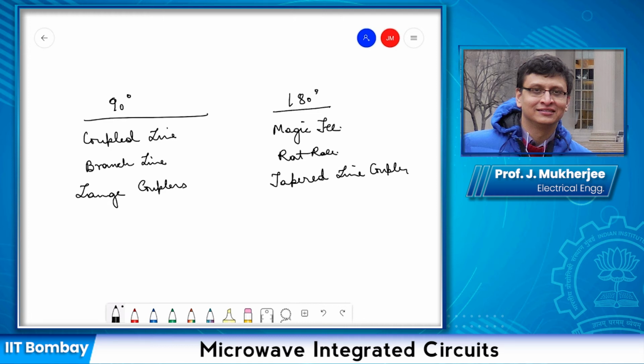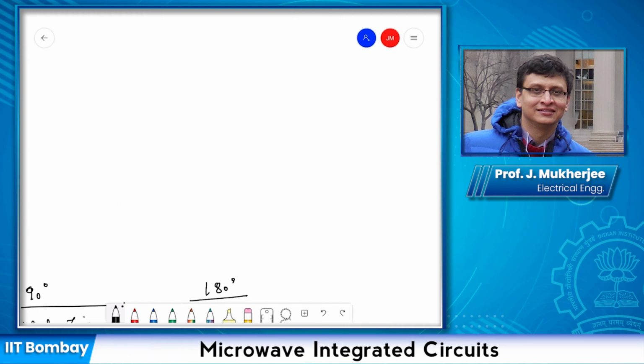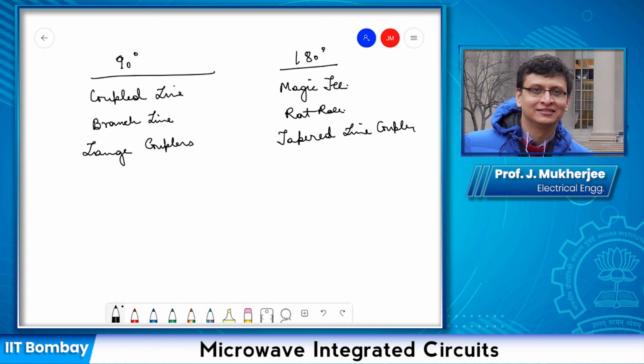So we'll cover some of them, not all. We'll be discussing branch line couplers, coupled line couplers, magic T, and rat race couplers. Let us start first with the magic T.